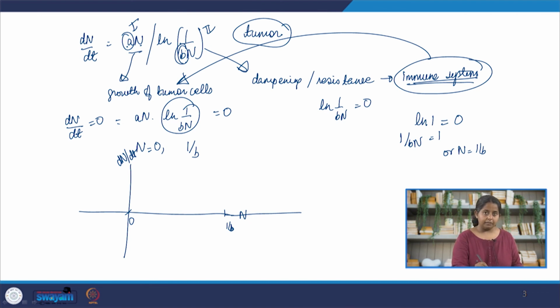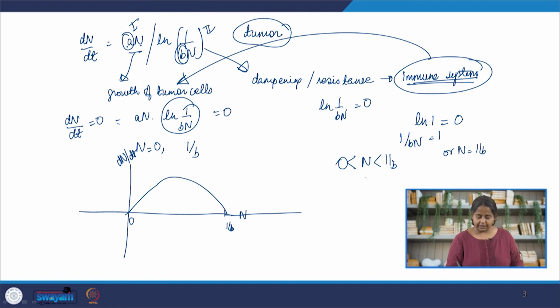And log 1 by bn, can you take a moment to figure out what the sign would be of log 1 by bn, the second term, when n is less than 1 by b but greater than 0? Yes, you are right, it will be positive. I hope you got that right. So, we know that our plot looks like this.